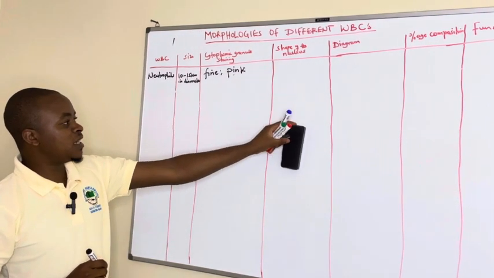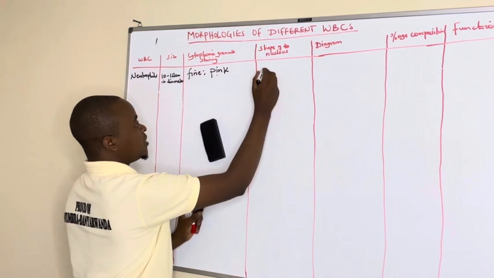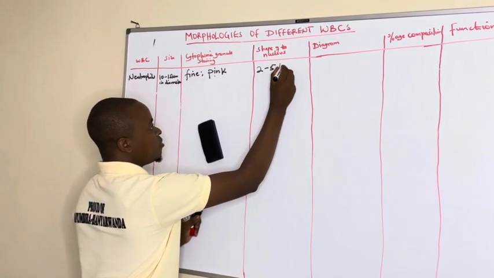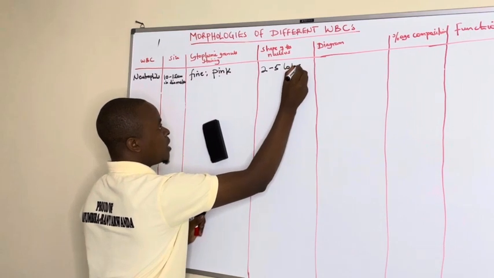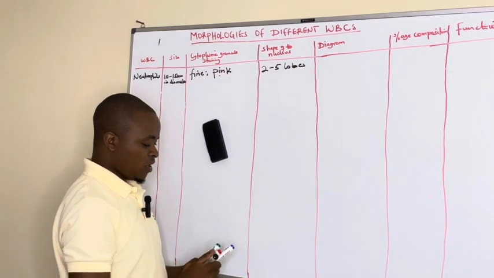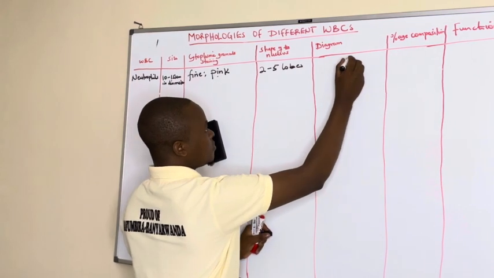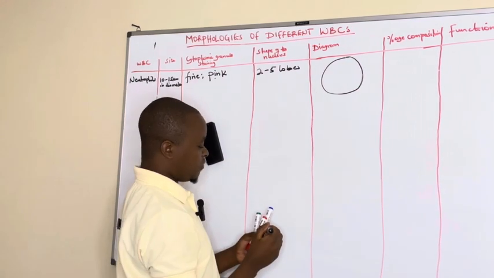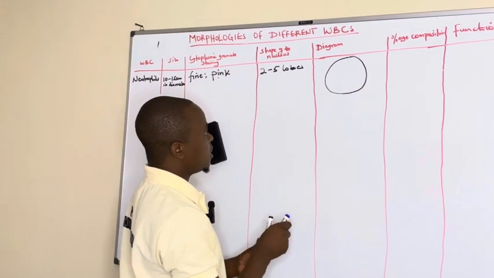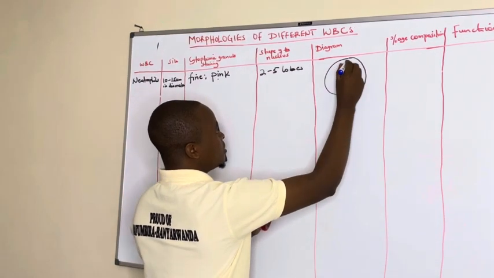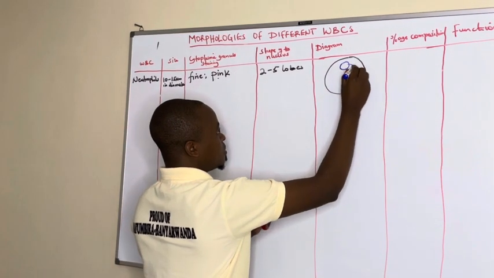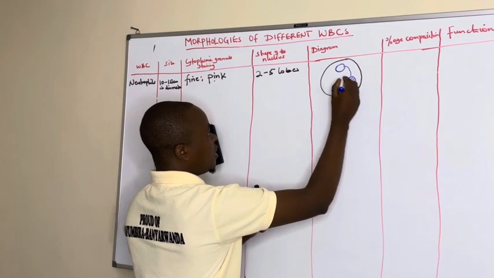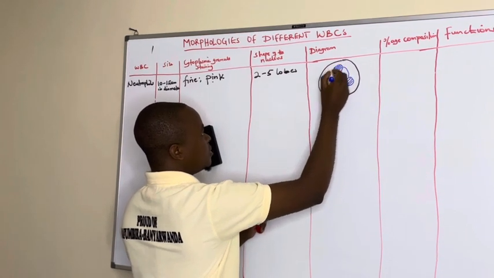And the shape of the nucleus is lobed with 2 to 5 lobes. So the normal one has 2 to 5 lobes. And when I draw it, this is our neutrophil. It has 2 to 5 lobes, whereby these lobes are eccentric and they have clumped chromatin pattern.